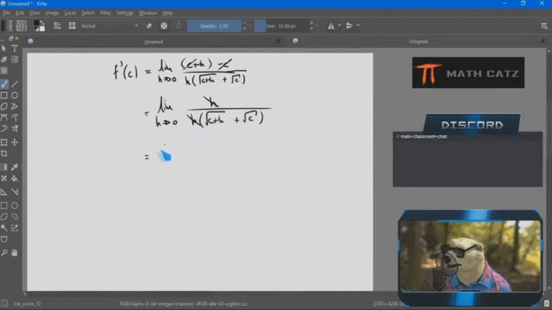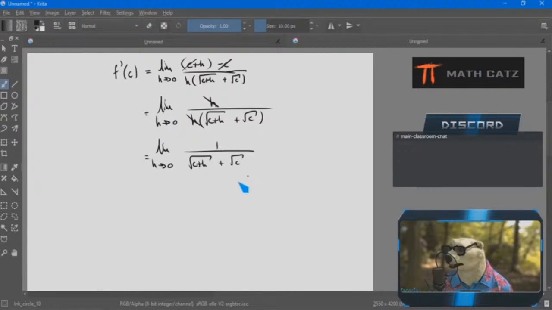Now the h's can cancel, and I'm making good progress. And I have 1 over root of c plus h plus root c. Now what is the form of this limit? It doesn't really matter. What matters is not dividing by 0 anymore. There's no zeros anywhere in numerator, denominator, nothing.